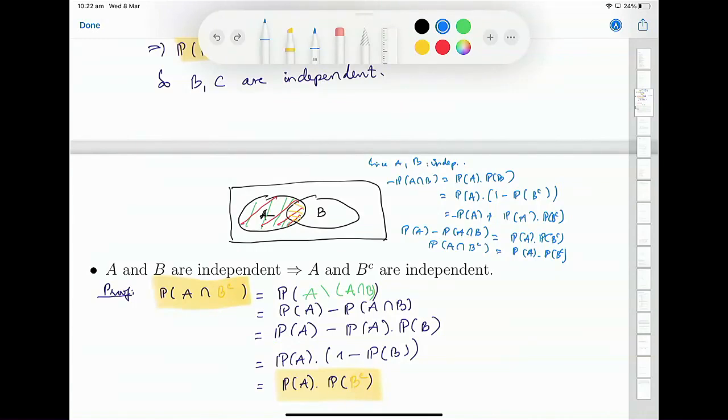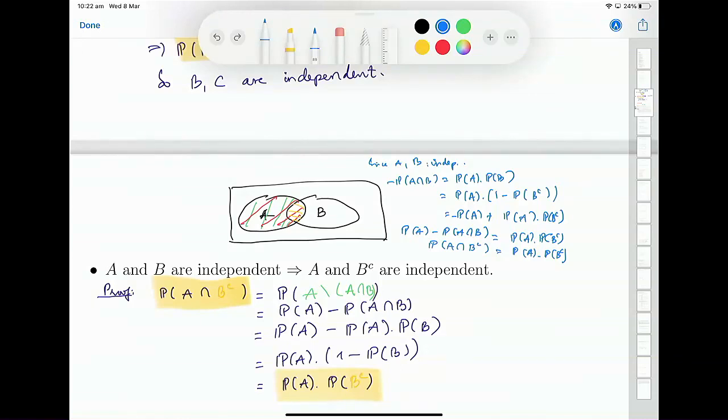So then I go from the one I want to prove, which is probability of A intersect with B complement. Then A intersect with B complement equals A minus the set A intersect B, right?